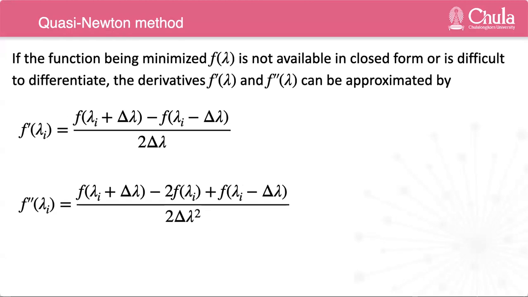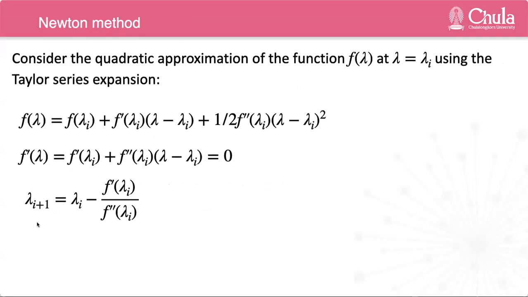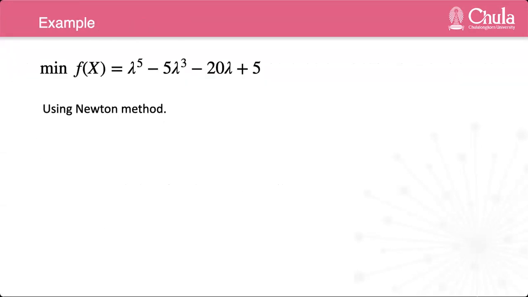That means you use this expression to find a new point, but for f prime and f double prime, you use their numerical values.